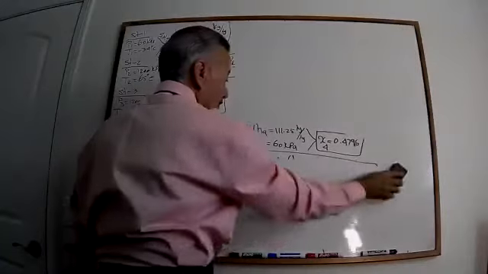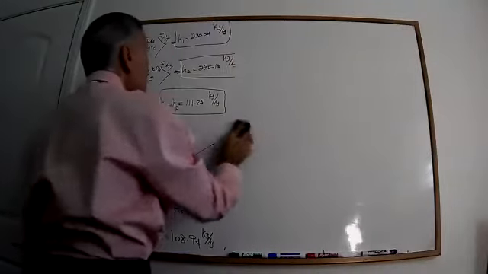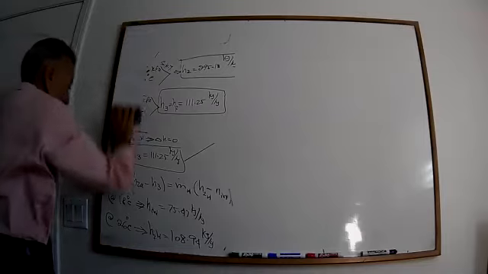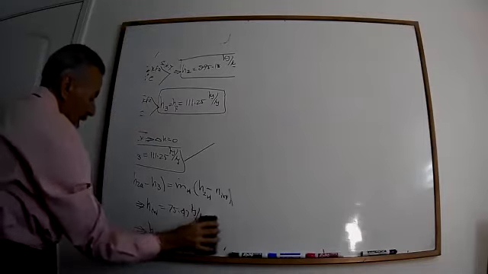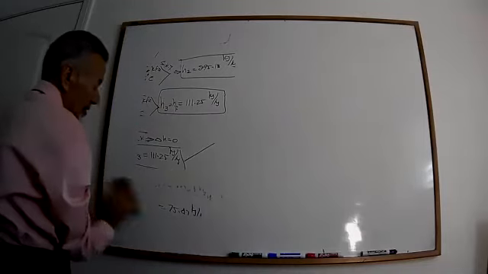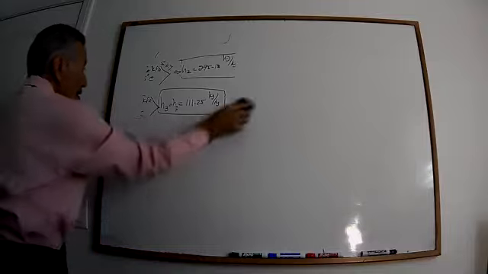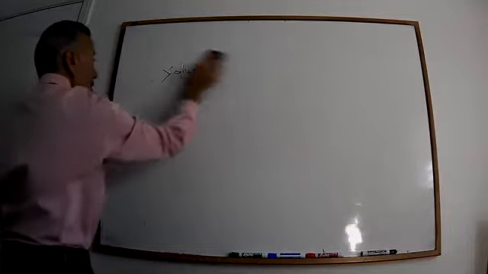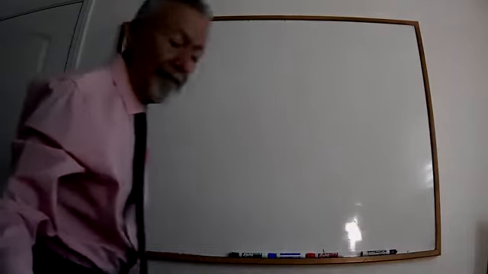Now, problem number 59, I'm sorry, is the cascade refrigeration cycle. We're going to do that.